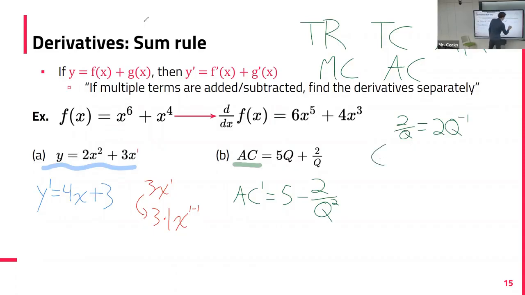And if we take a derivative of that, that's negative 2q to the exponent negative 1 minus 1, that's negative 2. And then we just rewrite that as negative 2 over q, now positive 2 exponent. So if we have these fractional expressions, you have your variable on the bottom, change it to a negative exponent, use power rule, and then you can change it back afterwards if you want.